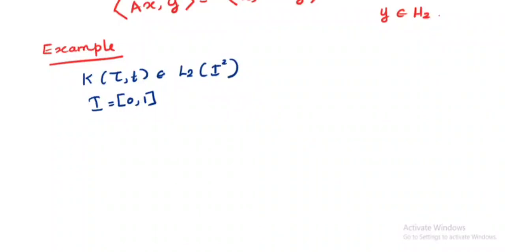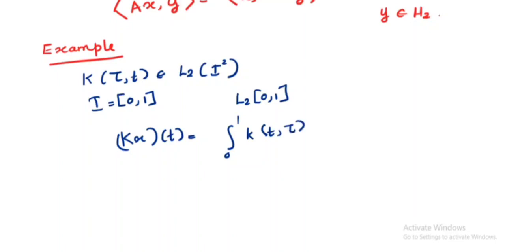Now here we define an operator K on L2 of 0, 1 as Kx of t equal to the integral from 0 to 1 of K(t, tau) x(tau) d tau. Here it is not tau t, it is t tau.